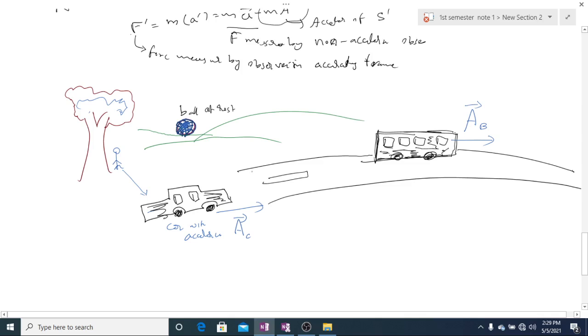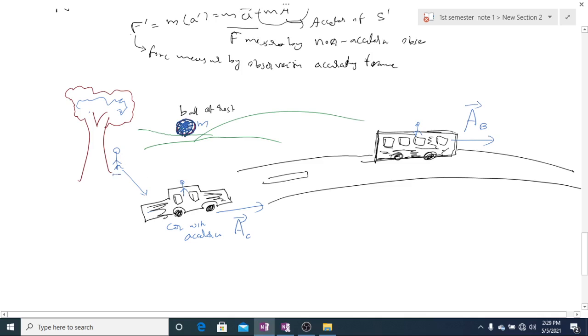Now we are going to calculate the force on the ball. Suppose the mass of the ball is m. Now there is a person inside the car, there is another person inside the bus, and there is a person below the tree who is at rest.